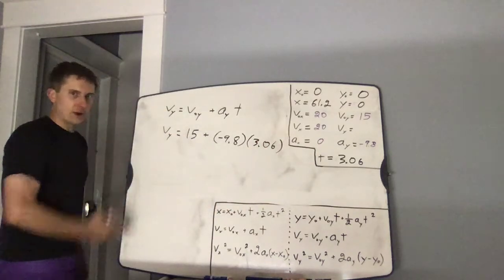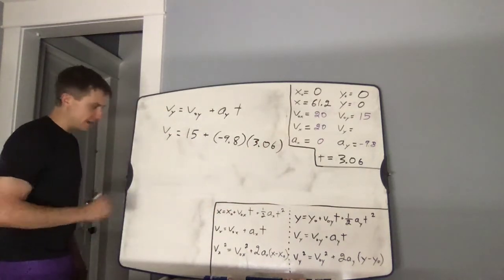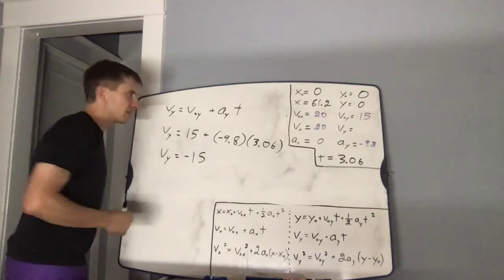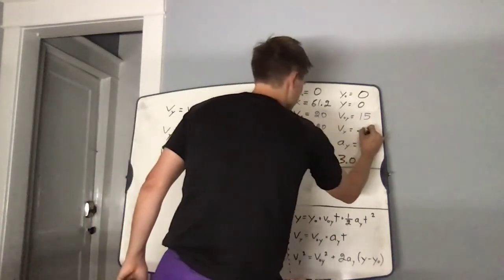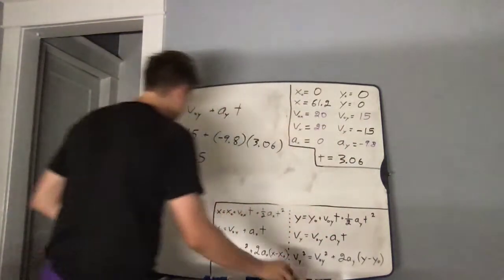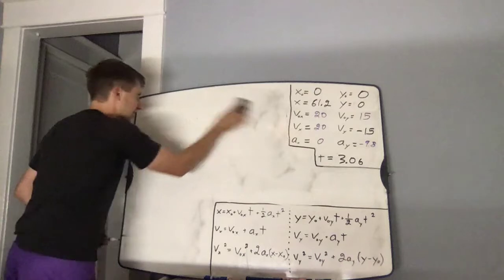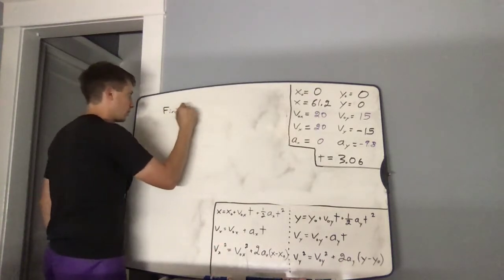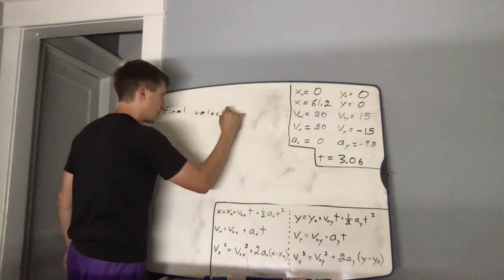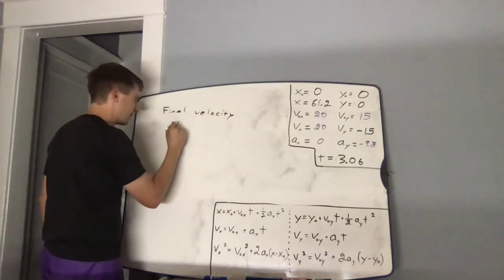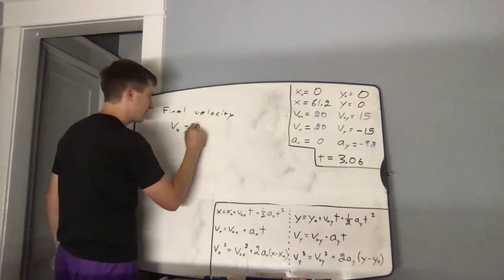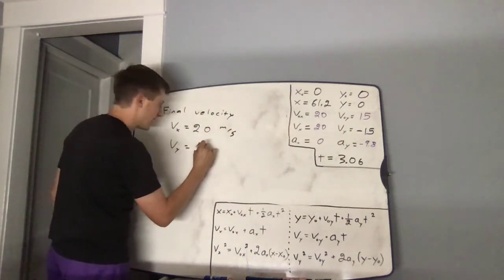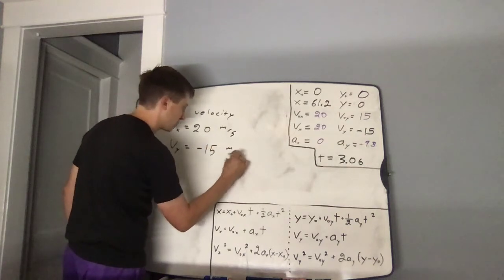I hit enter on my calculator after plugging that in, and I find Vy is equal to negative 15. So V final y is negative 15. And at that point, I could say the final velocity is going to be Vx equal to 20 meters per second, and Vy equal to negative 15 meters per second.